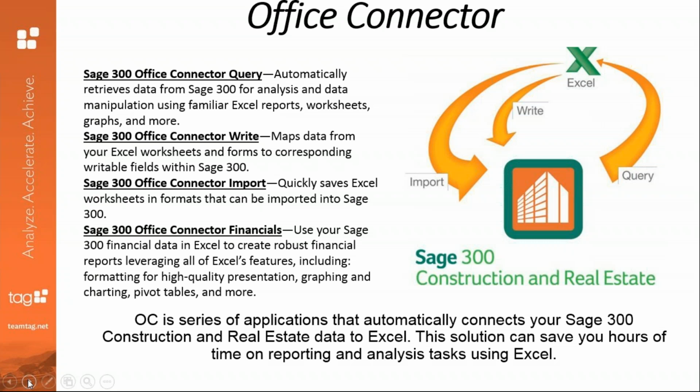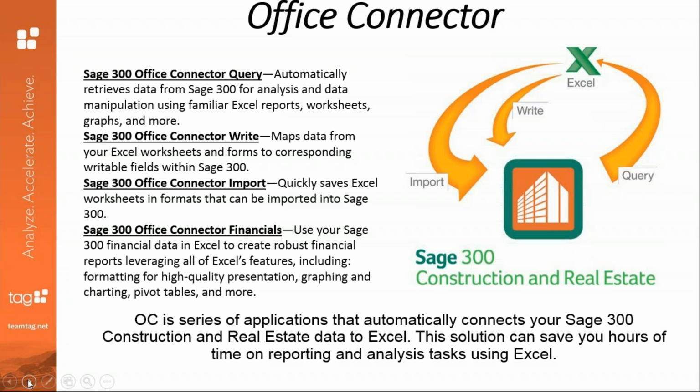Things like updating addresses on a vendor, updating the project manager on a job field, or updating an employee's address or exemptions number. We're not really creating a transaction, we're just writing values back.